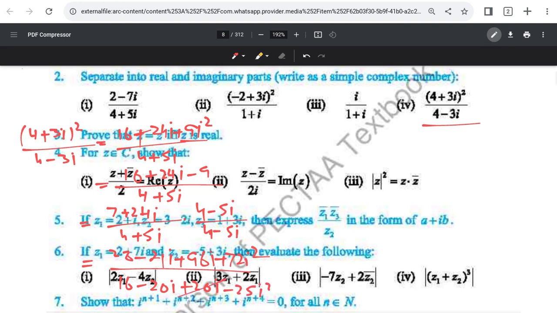So they cancel each other, and in the next step we have 28 plus 117i minus 72, over 16 plus 25.